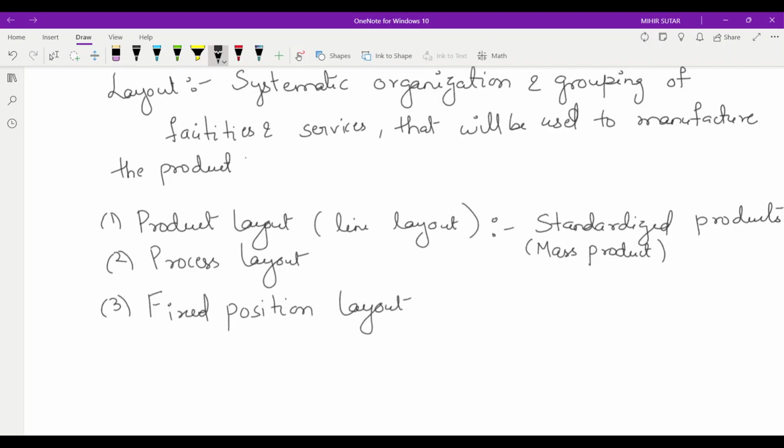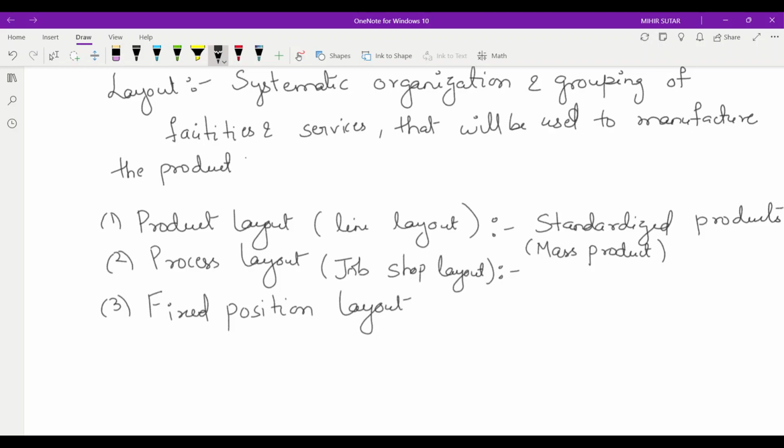But in case of your process layout, it is also known as job shop layout. That means it is different for an individual product. So it is based on the process, where identical processes are categorized together.